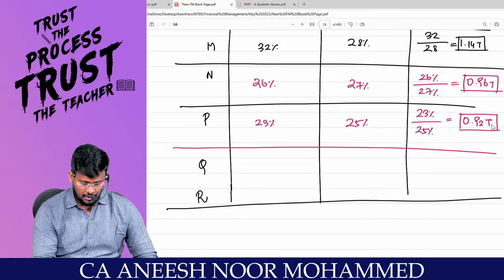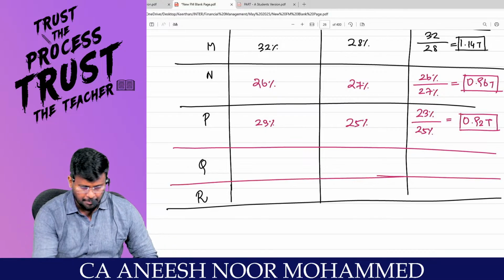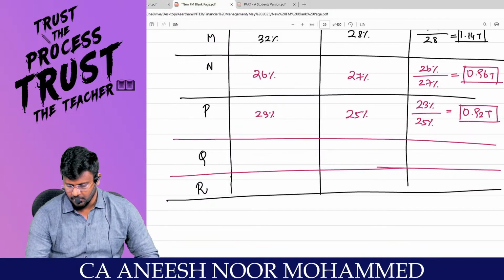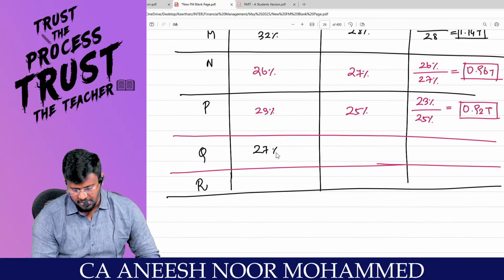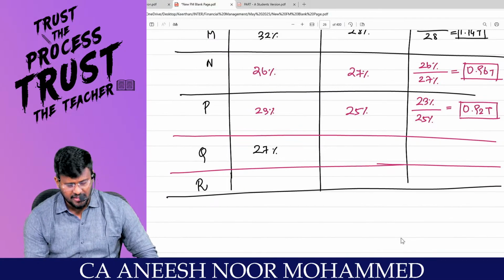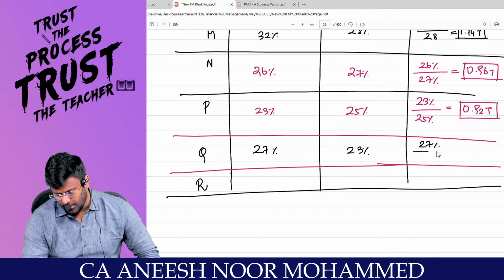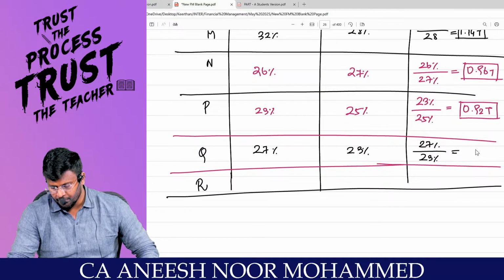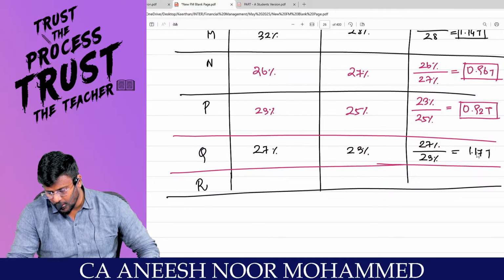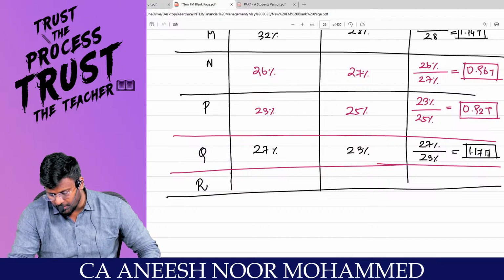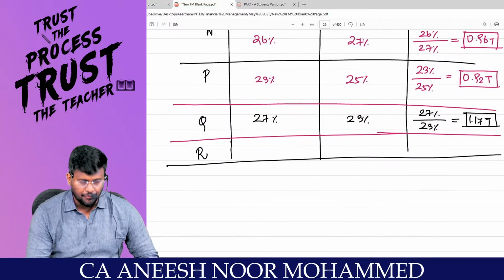Comfortable? The next one Q. What is the percentage change in EPS? 27 percent. What is the percentage change in sales? 23 percent. So 27 divided by 23 comes to 1.17 times. Comfortable?